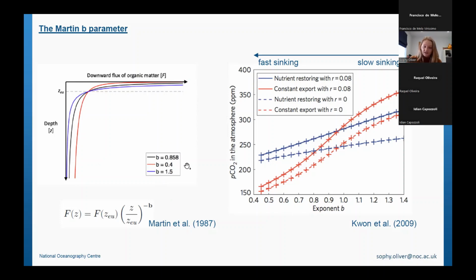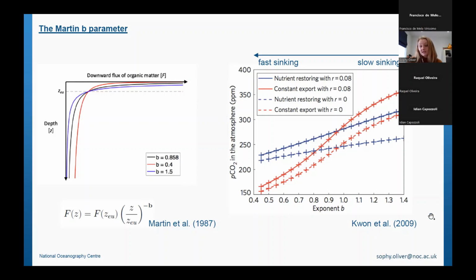The default value in a lot of biogeochemical models which use this Martin B parameter is 0.858, based on only 6 profiles in the Pacific Ocean taken by Martin and others in 1987. So it's a small sample of the ocean, but we apply this single value to the global ocean in biogeochemical models.